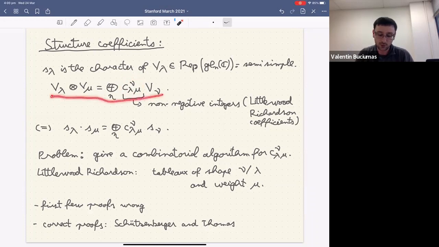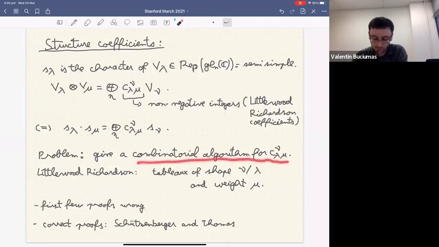This equality is equivalent to saying that we may multiply Schur polynomials and expand the result in terms of Schur polynomials, and we get back the same coefficients. So the problem is to give a combinatorial algorithm for computing these coefficients. These are called the Littlewood-Richardson coefficients because Littlewood and Richardson gave the first such combinatorial argument.